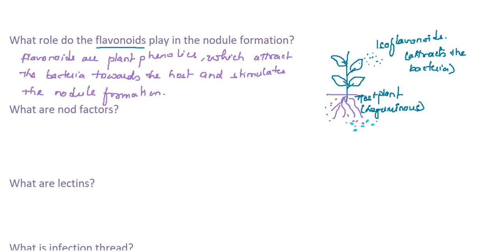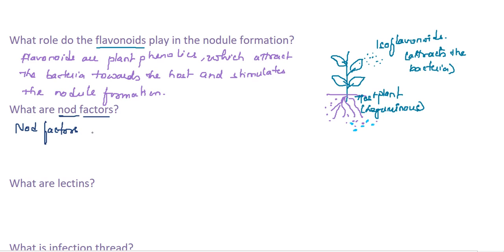Next is, what are nod factors? So you will see my previous videos, I have discussed all this in detail. First of all, I would like to explain a process in a little detail. What is the chemical nature of these nod factors?